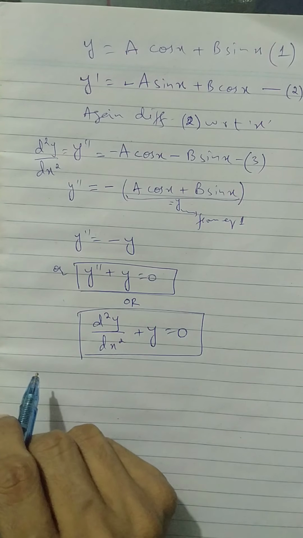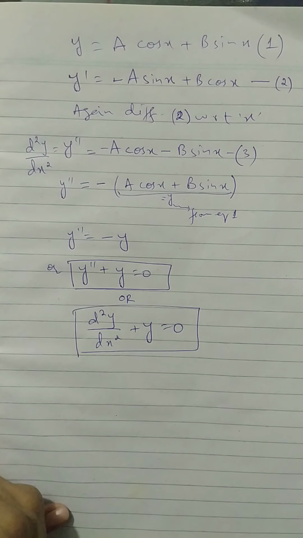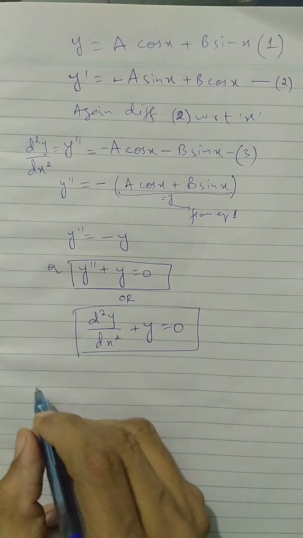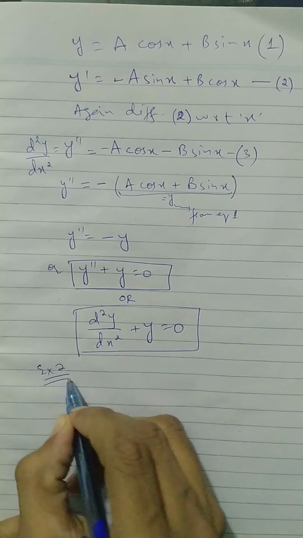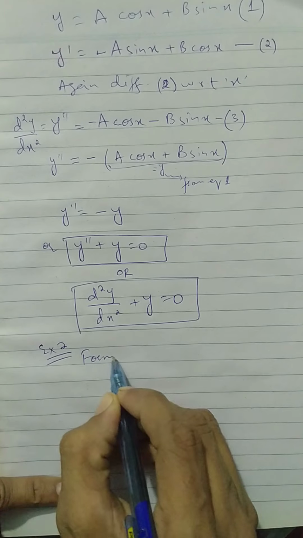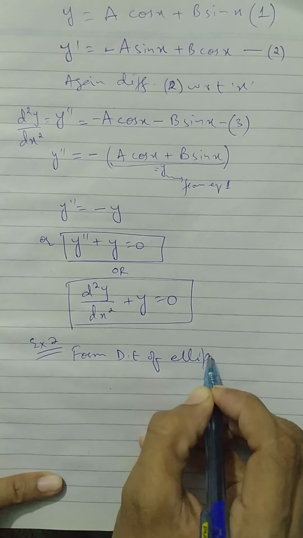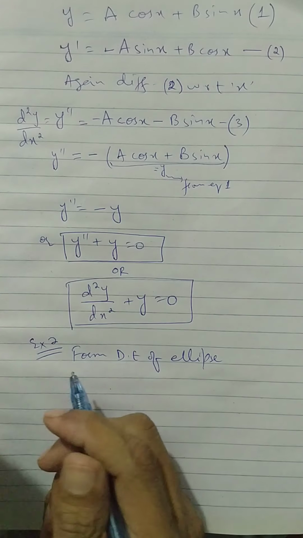So this is the first example of the formation of a differential equation. Now let's suppose I say you have to form a differential equation of an ellipse by using its standard equation.